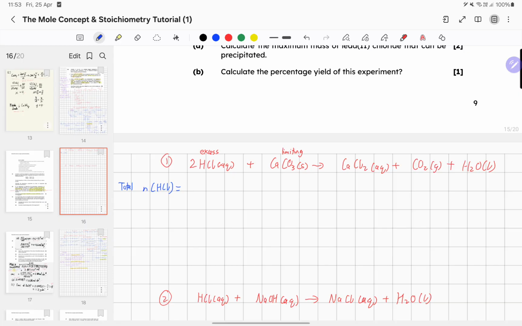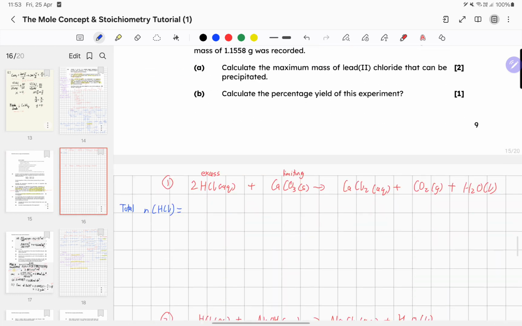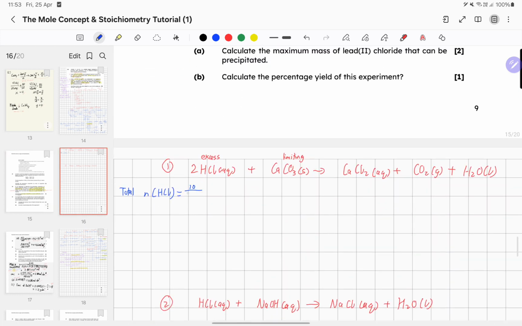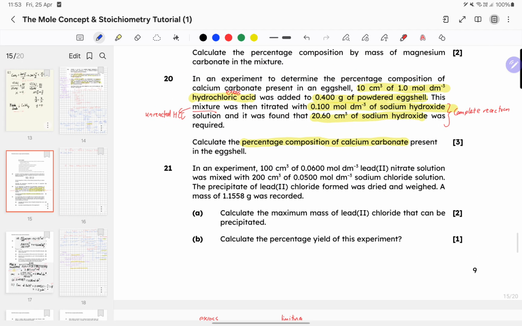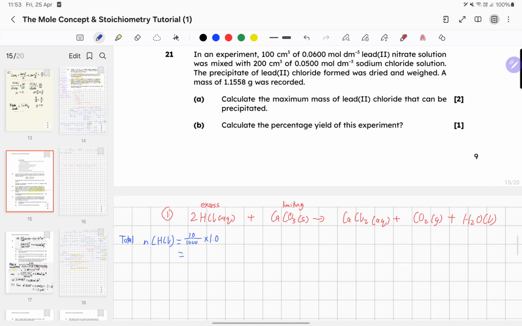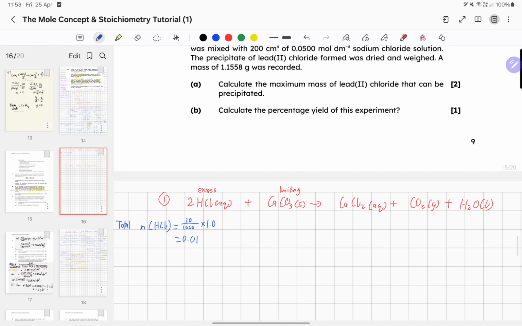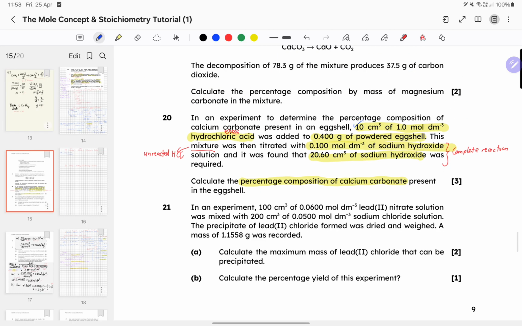So the number of moles you can determine is 10 over 1000 times 1.0, which will be 0.01 mole. So this is done. The fact that this powdered eggshell is impure means I should not use this value yet.